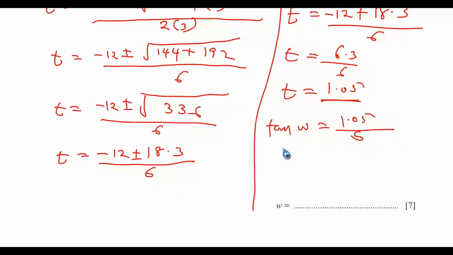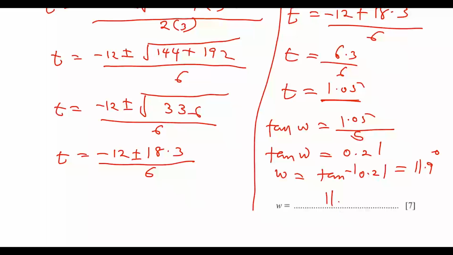So this will give us tan w equal to 0.21, so w is equal to tan inverse of 0.21, which is equal to 11.9 degrees. So you have 11.9 degrees as the value of w.